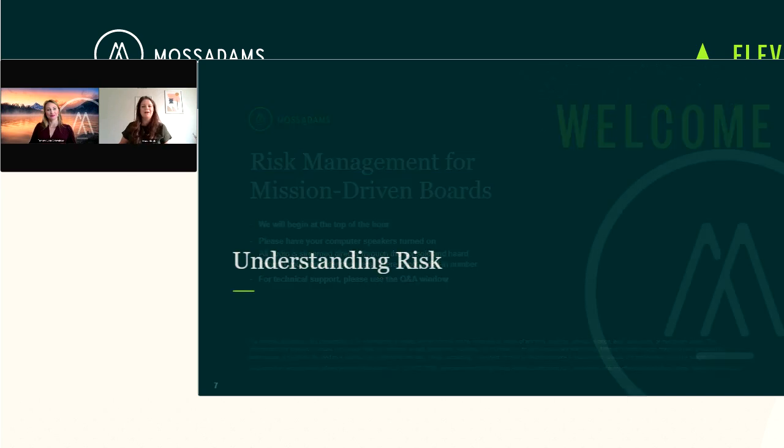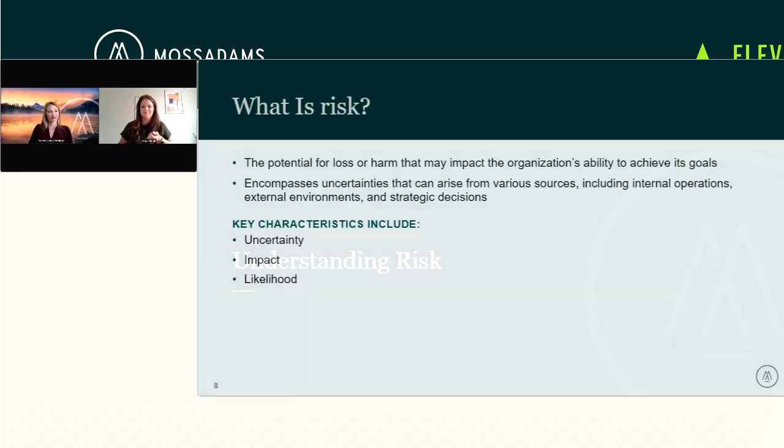Excellent, thank you. So I want to get us started just talking a little bit foundationally about what risk is and what enterprise risk management is. People often think about and define risk differently depending on what your background is, what sort of training you've had, your professional experience. There could be a lot of different ways to think about risk.